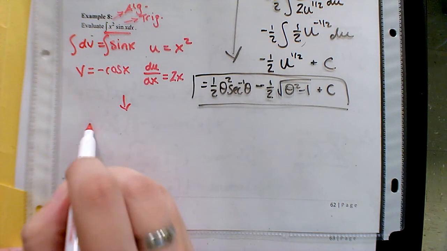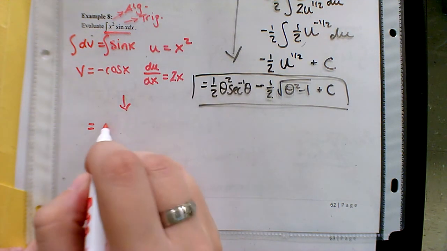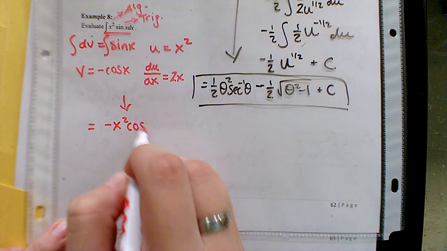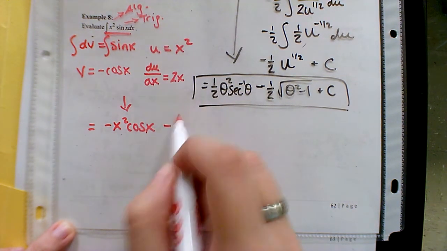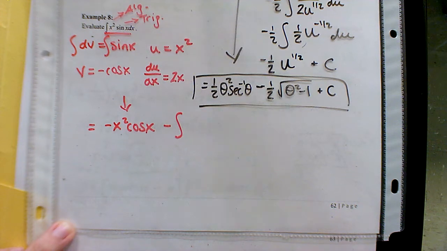Alright, so let's put it together. We need u times v. Order doesn't matter, so you can write it however you want, minus the integral of v du.